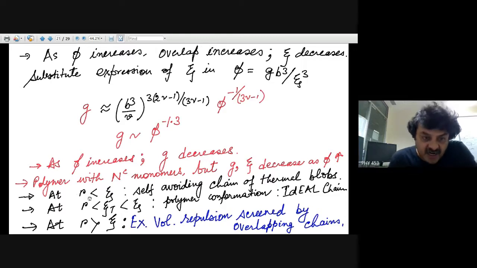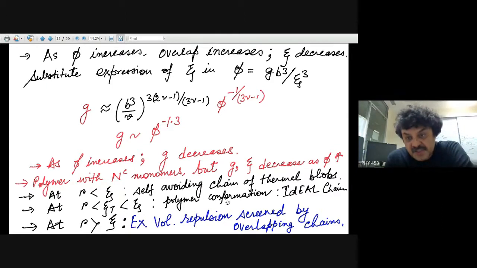So at R less than zeta, you have essentially a self-avoiding chain of thermal blobs. At R less than the thermal blob length scale, which is of course smaller than the correlation blob length scale, the polymer conformation is an ideal chain.